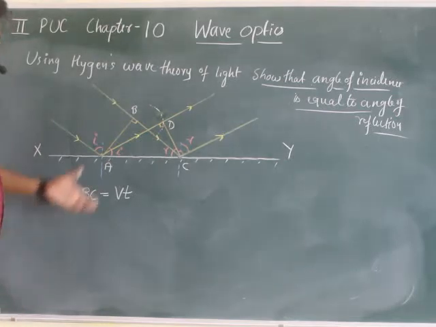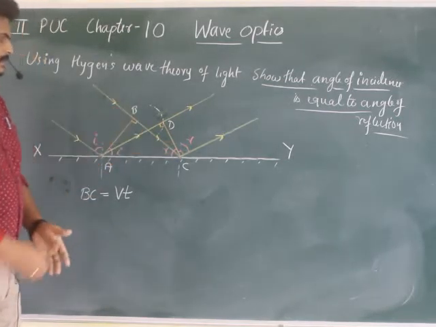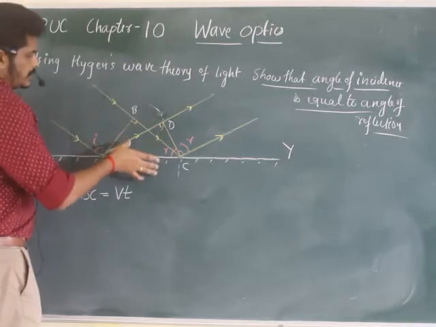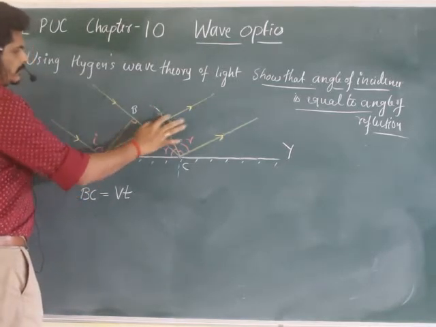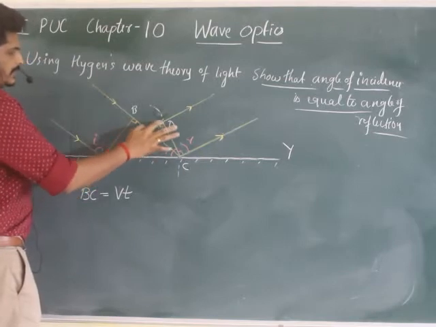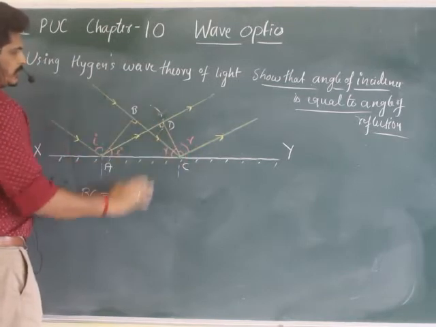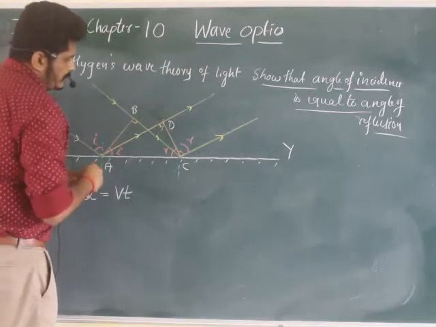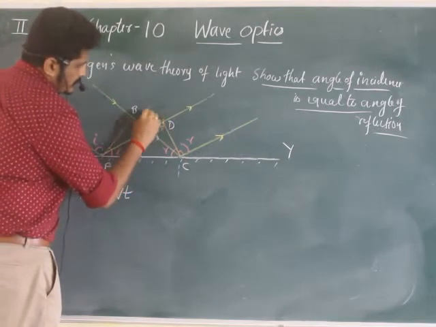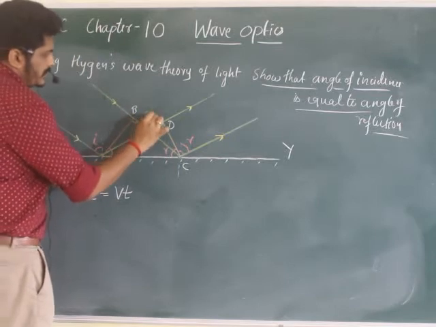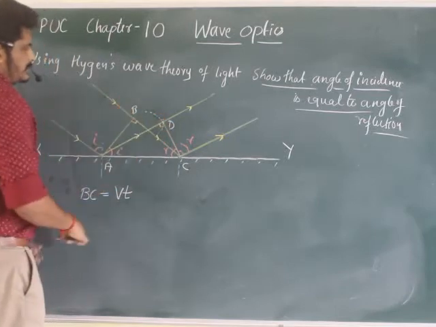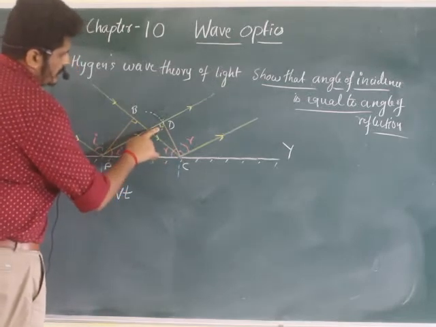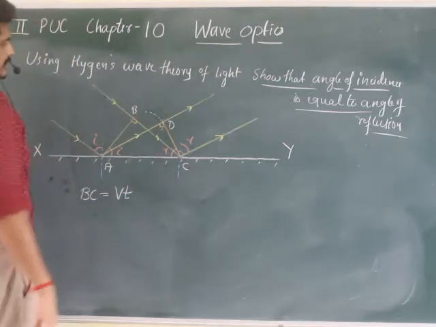I repeat, taking BC as the length, we mark an arc like this on the reflected ray. At that point, we will draw a tangent. So that tangent, when it is drawn, makes 90 degrees.